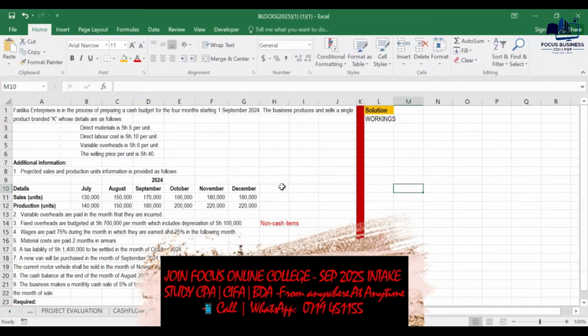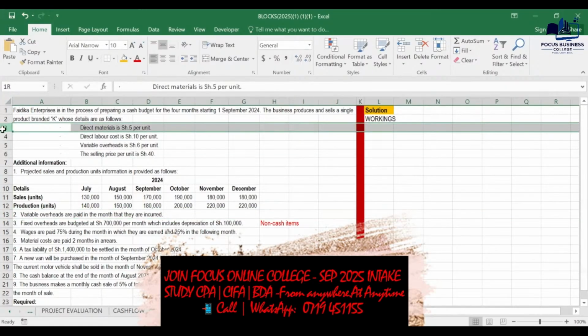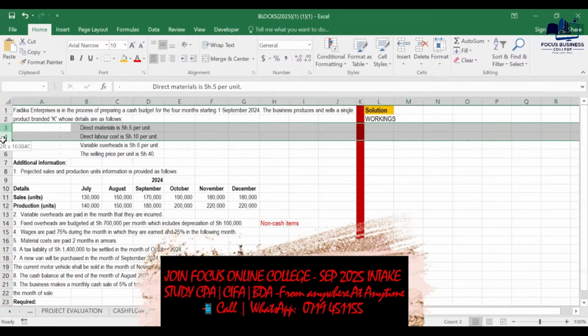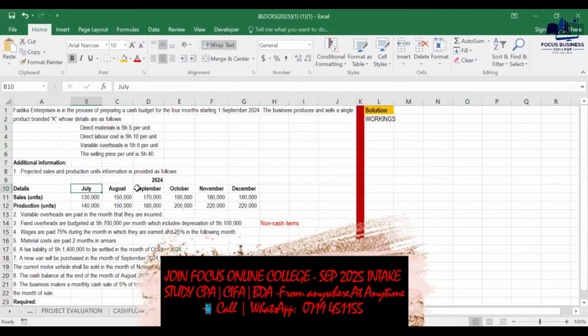Maybe we can start by computing this particular variable cost, because in point 2, we are told variable overheads are paid in the month they are incurred. Which are the variable costs? The variable costs are basically the direct material, direct labor, and the variable overhead. So I think what we need to do is compute the variable overheads. Let's have that as the first working here.